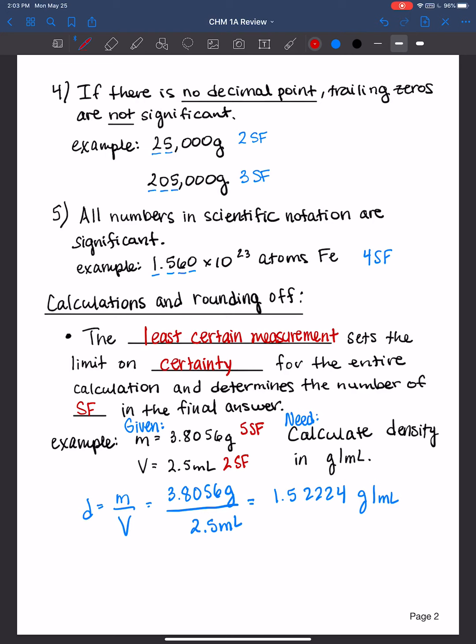And so we report our final answer to the least certain measurement, which happens to be the volume. And we're going to talk about with multiplication, division, we report the final answer to the fewest sig figs. I'll go over those rules in a minute. And so the final answer here to the correct number of significant figures is 1.5 grams per milliliter.